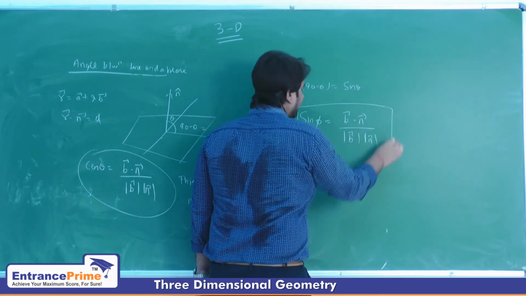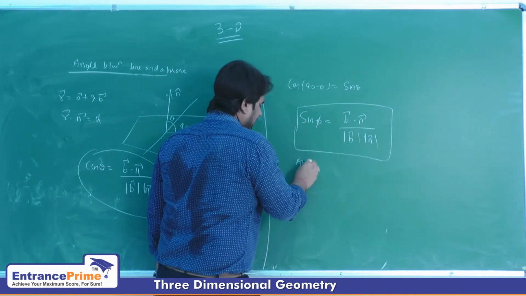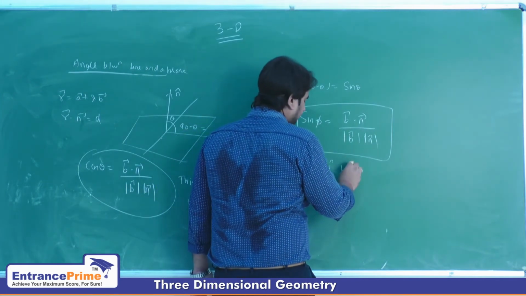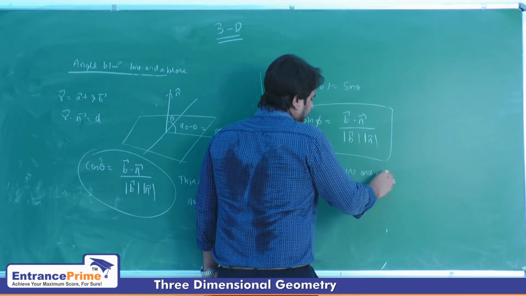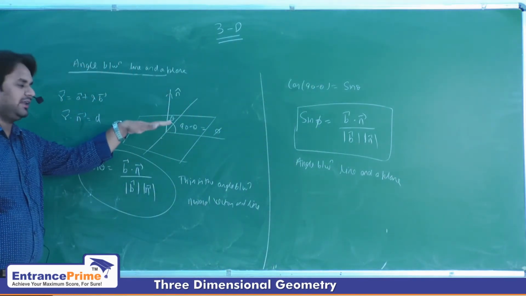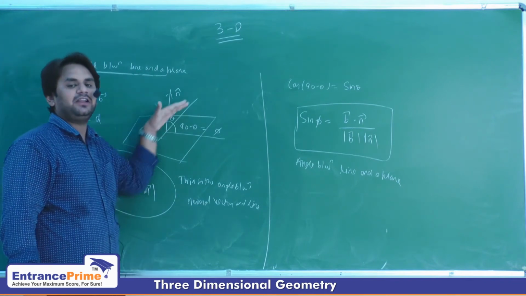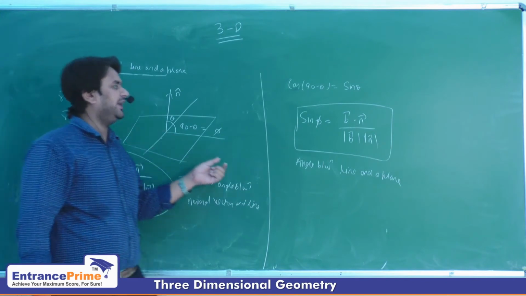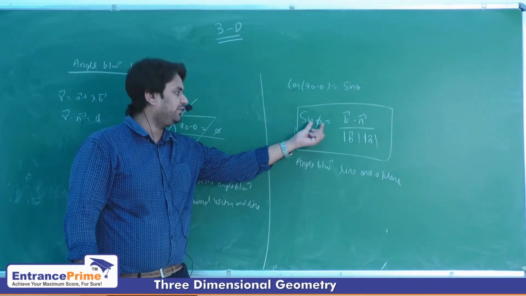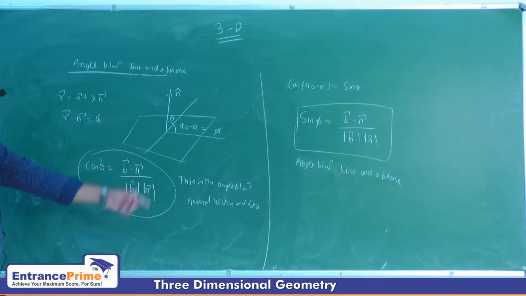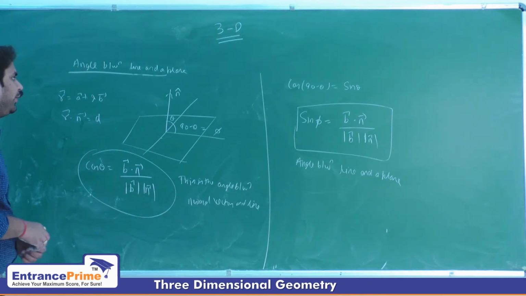Okay, this is your answer, angle between line and a plane. Because this angle theta was the angle between the normal vector and the line, and you want to calculate the angle between the line and the plane. So it is cos 90 minus theta, that is equal to sin theta. I am assuming this 90 minus theta is equal to phi. That is b dot n divided by magnitude of b into magnitude of n. That is the angle between line and a plane. Note it down.